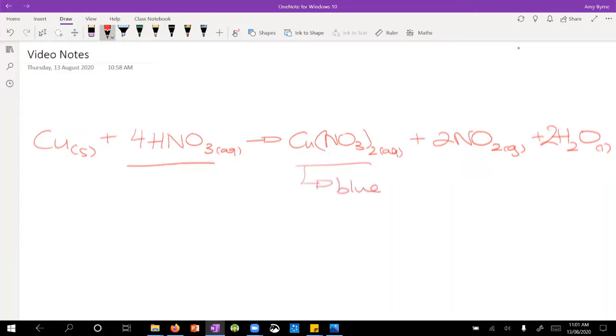Remember, a lot of those copper compounds, like we saw in the last experiment, are blue. And I should also see some brownish gas start to be made. So I'm going to stop my little explanation now. In the next little experiment, I'm going to be mixing some copper and some nitric acid just to check that this is concentrated enough.